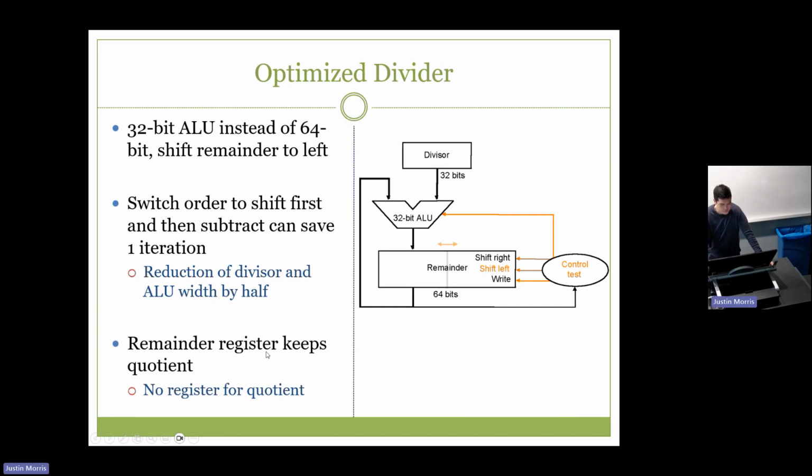And the remainder register keeps the quotient, so there's no separate register for the quotient. Now we're going to shift out the dividend from the remainder register because we're not using the top bits anymore as we keep going.